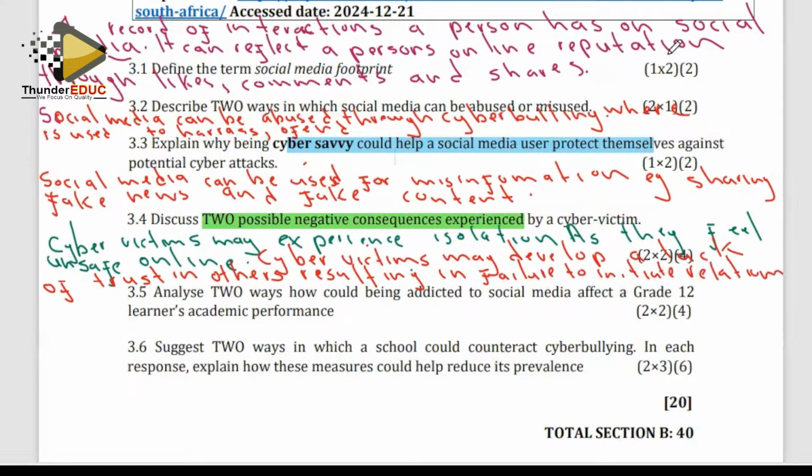Then others might also become fearful, and others might withdraw from social activities. So all these are consequences, or effects, which can be experienced by a cyber victim.